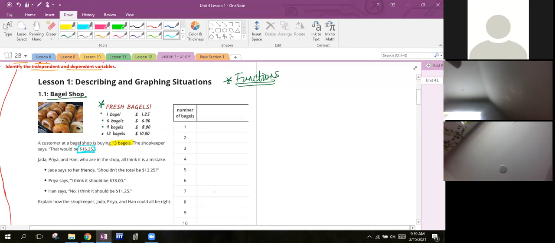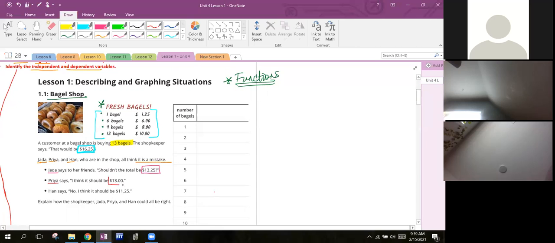$16.25 for 13 bagels. I want you to look at all those prices and think about how he came up with 16.25. How did he do that? But then Jada, Priya, and Han, who are in the shop, all think it is a mistake. Jada says to her friends, shouldn't the total be $13.25?